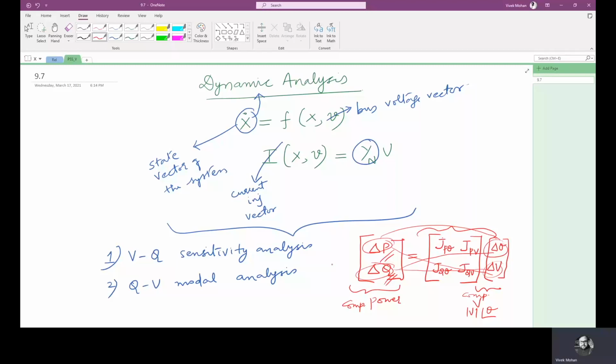In dynamic analysis we have seen x dot. So x dot is assumed to be 0. There is no rate of change of variable value with respect to time in static analysis. Okay, so this is the assumption. Assuming this, we are capturing the snapshots of the system at different time frames.